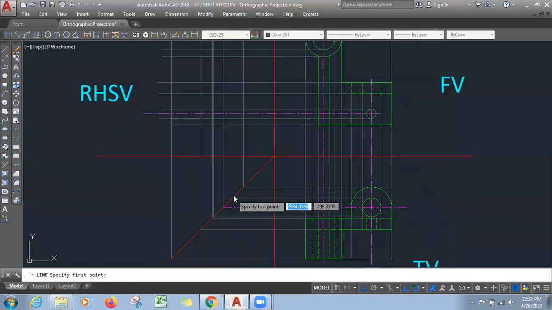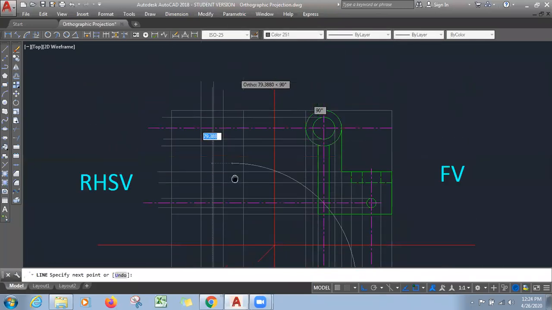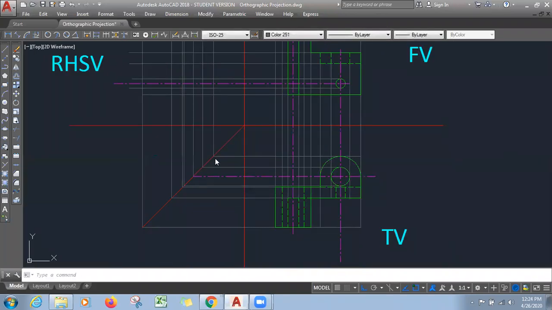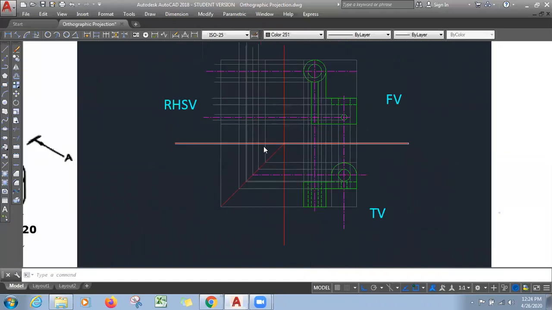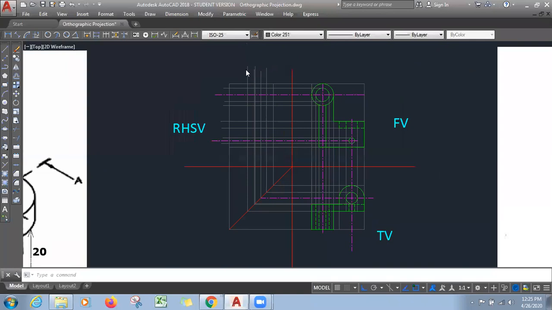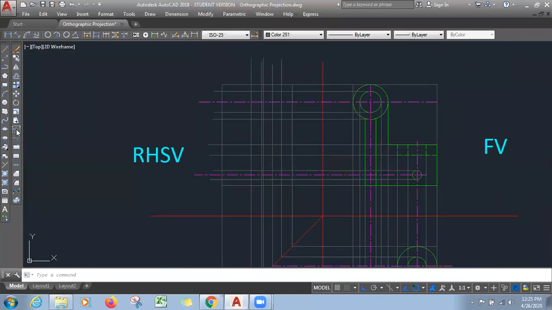Repeat. Anything remaining? No. Now at the end you can remove extended projectors. Okay, whatever is excess, the projectors should not have gone so far outside the object, you can trim those projectors.